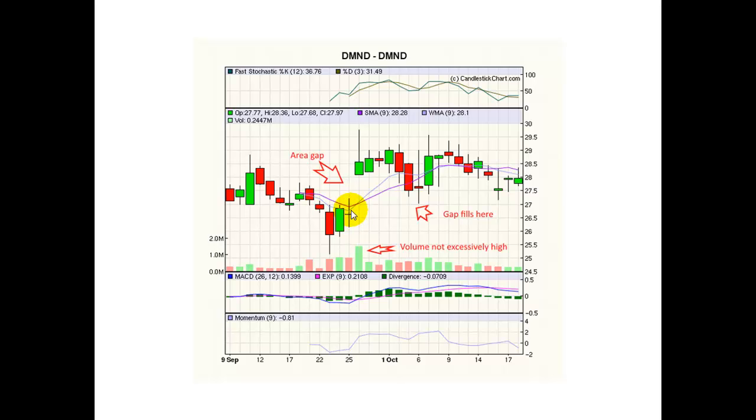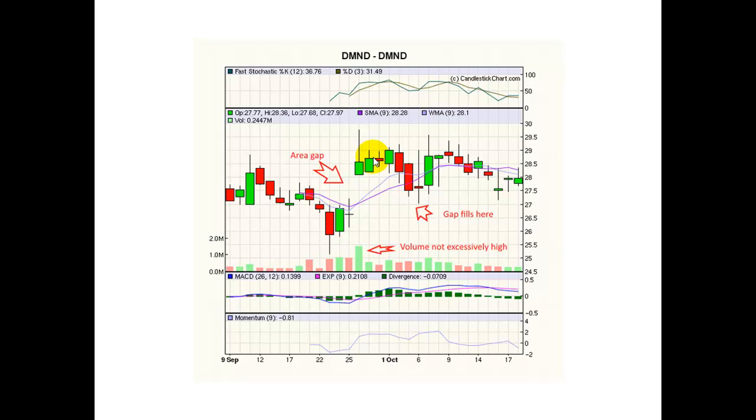However, on the next day, the price jumped all the way up to $28. So we have like a $1.5 gap between those two candlesticks. What I mean by trading after the gap is that on the next day or the next couple of days, you look at the stock and you determine whether that stock is going to go up or down.